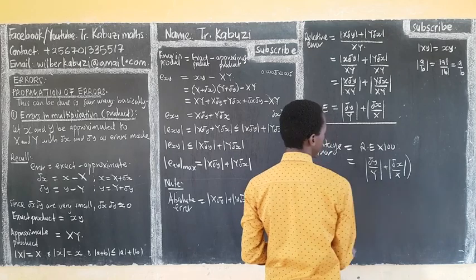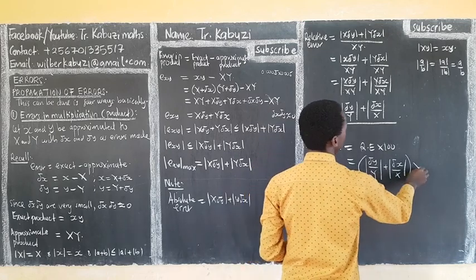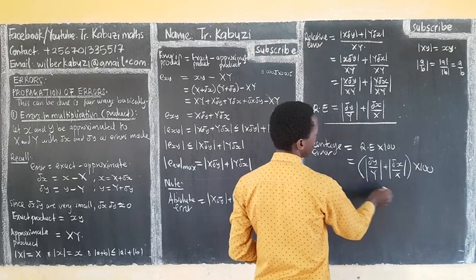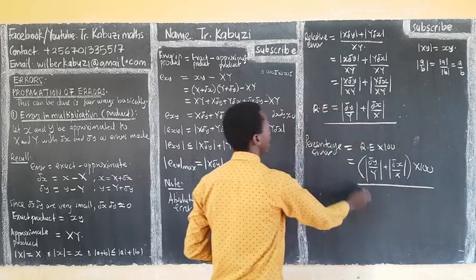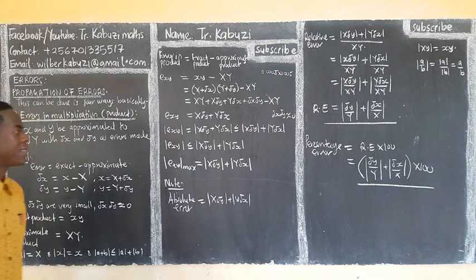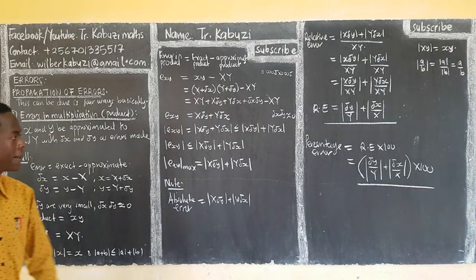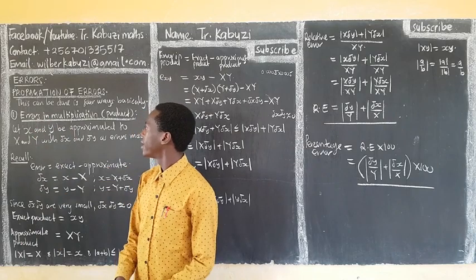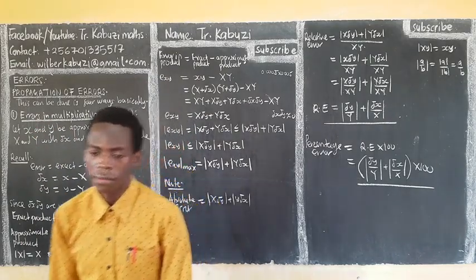The whole of this multiplied with 100. And so after doing that, life will be easier for you. So that's numbers. Now we are going to see the next, which will be errors in division or quotient.